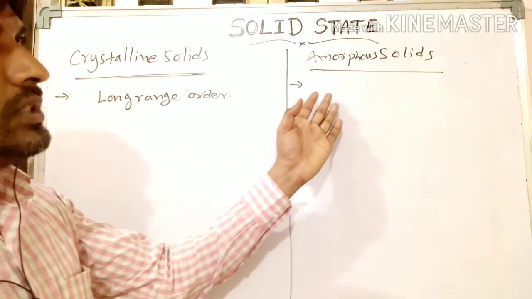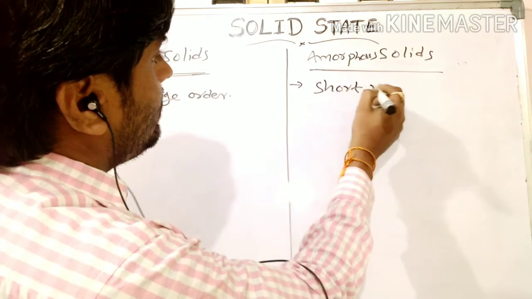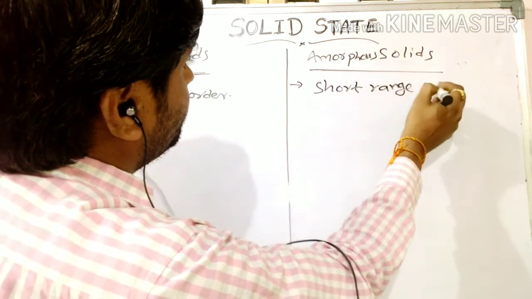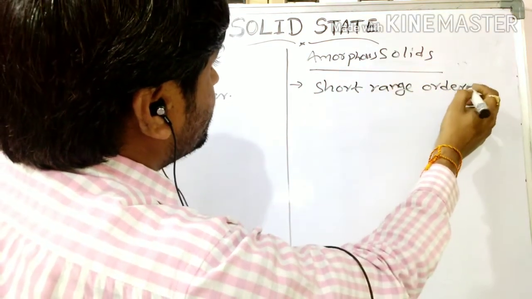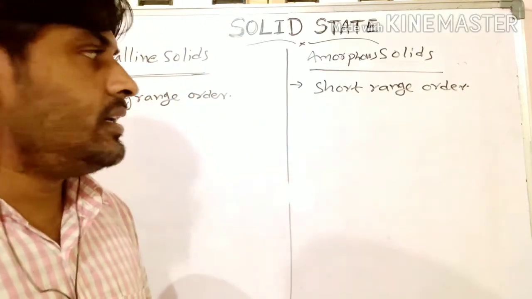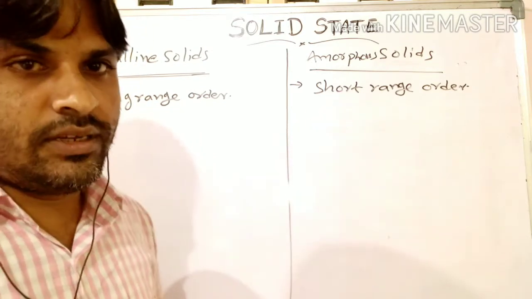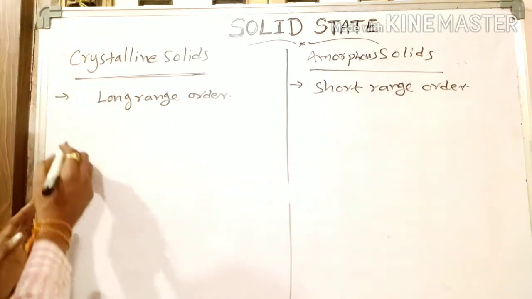Amorphous solids are those in which particles follow short range order. Short range order means in some distance one pattern is present and in another distance another pattern is present.